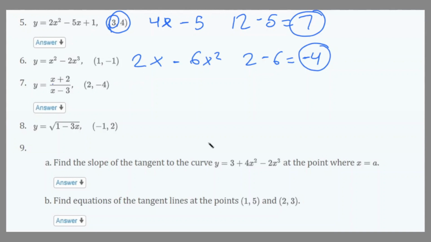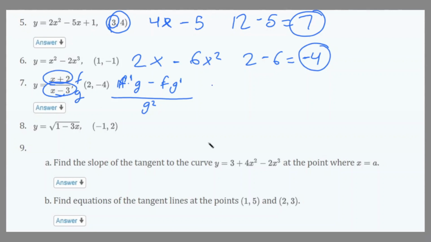For number 7, we're going to be using the quotient rule here. I don't know if you guys have learned it, but it's basically f prime times g minus f times g prime, and then over g squared. So f would be the expression on the top, and then g is the expression on the bottom.